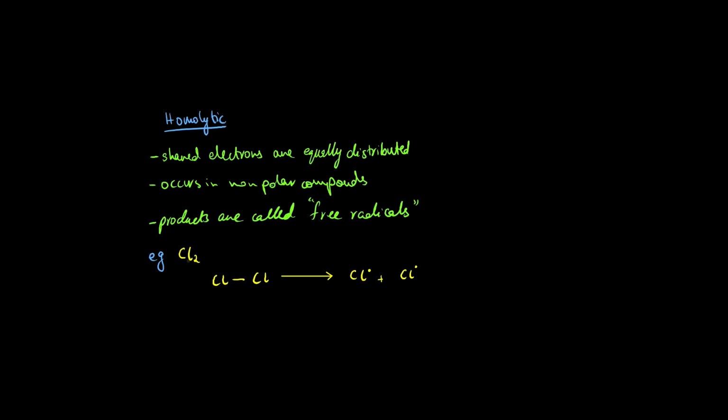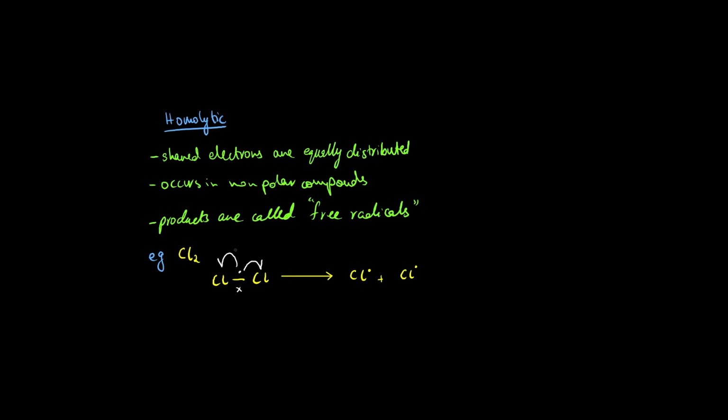For example, you have a chlorine molecule. This is a non-polar compound because the atoms are equally electronegative, so the two electrons would break up equally. This electron would go to this one and this electron would go to that one. One will go to each of them, and we will not draw a full arrow. Keep in mind that I have not drawn a fully formed arrow.